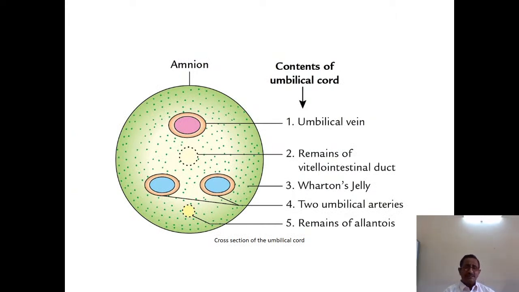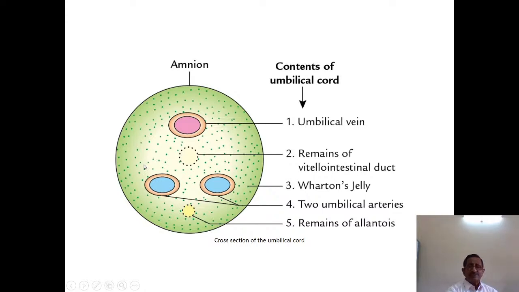So here we are seeing a cross section of the umbilical cord, wherein we see the umbilical vein, the umbilical arteries, and of course the remains of the vitello-intestinal duct, and the remains of the allantois. This Wharton's jelly is because of the dissolving of the mesoderm of the extraembryonic coelom, and the outer wall is the amnion.